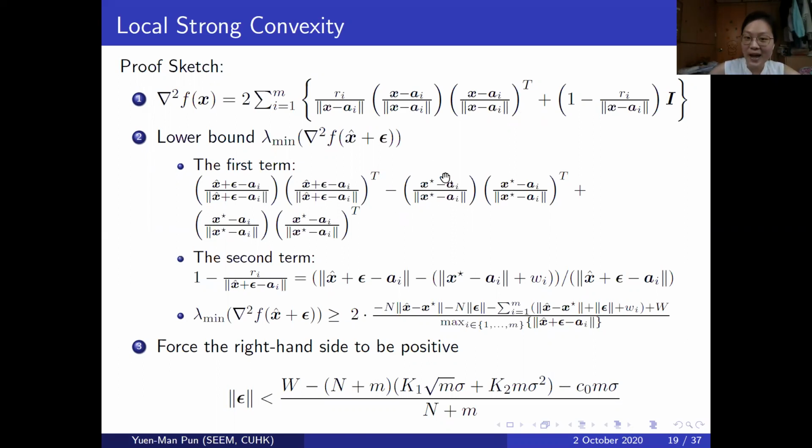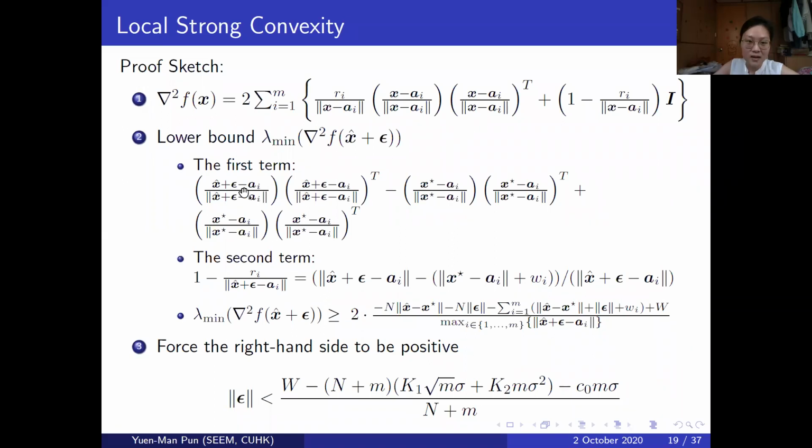However, we can put x star minus AI as some constant vectors, so we put this minus the x star minus AI outer product of the unit norm, plus this.